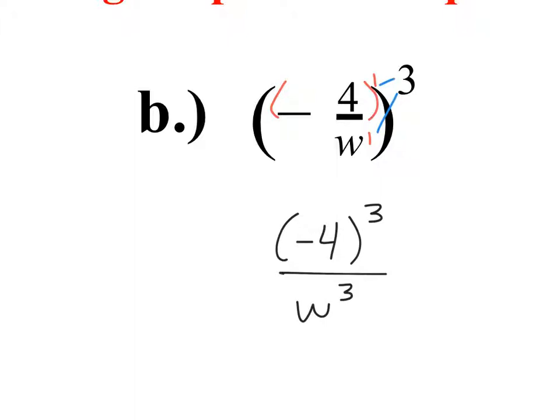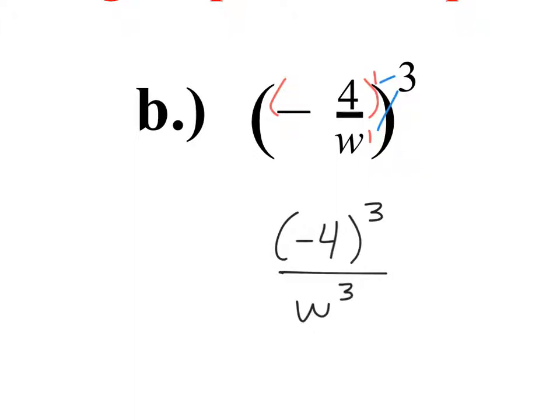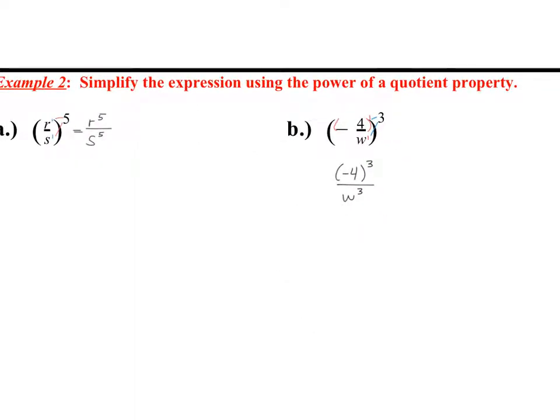Okay, but if you remember we talked about yesterday, when you have a combination of bases that are normal numbers and variables, you have to go ahead and evaluate the normal number. So -4 to the 3rd, we're going to actually figure out what that is. -4 to the 3rd would be -4 times -4 times -4.